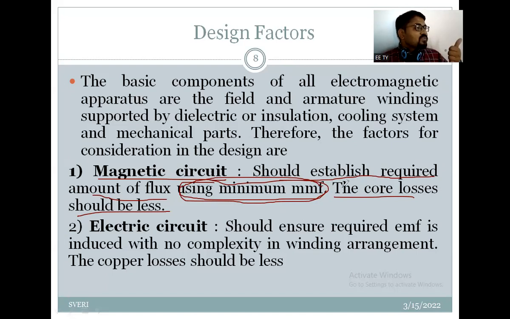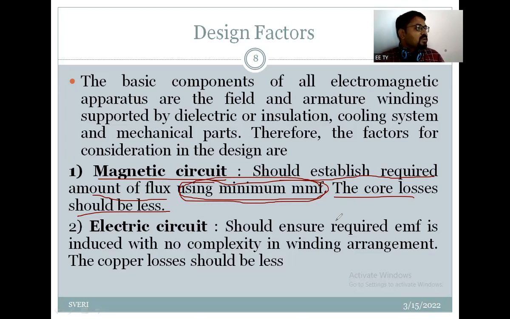So we have to consider the establishment of the required amount of flux, that is magnetic flux. That's why the core losses are less. And we achieve it with the help of the minimum value of the MMF. So these points we need to consider as far as the design of electrical machine.